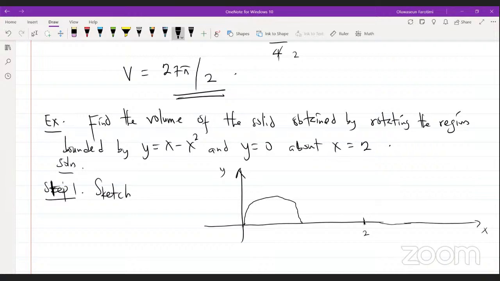So at this point 2, I'm going to draw a line, because my slice is going to be at 2. So think about it for a second, guys. Over here, this is my x equals 2, and my shell has to be parallel to this line. So I have to think about it, and I can just come here and draw my shell, okay?